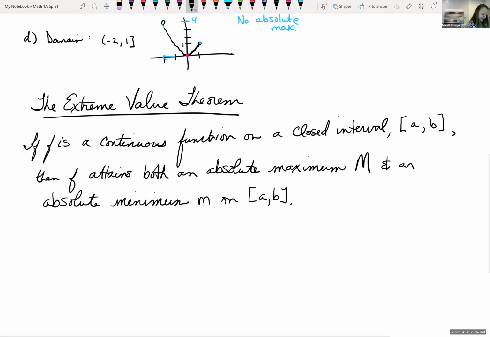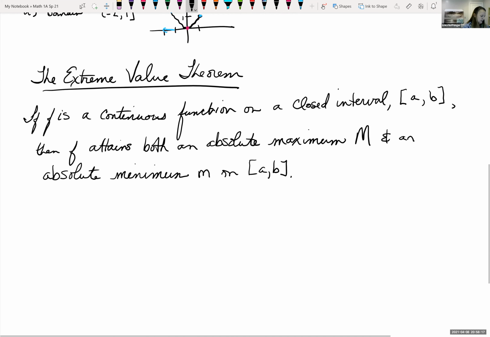So basically, what do we have? Basically what I just told you guys. It's possible that this occurs at either a or b.